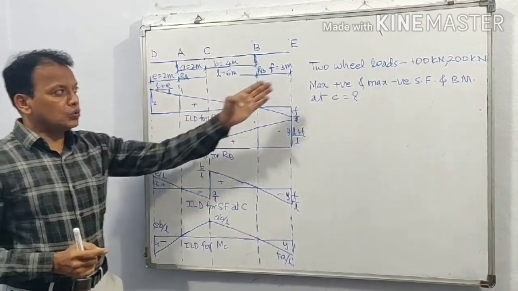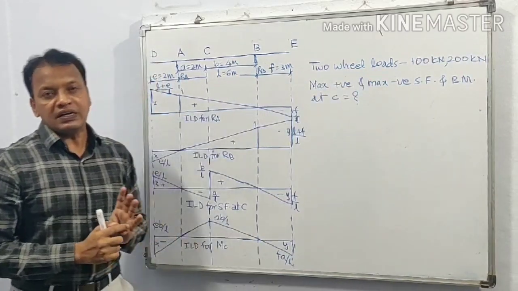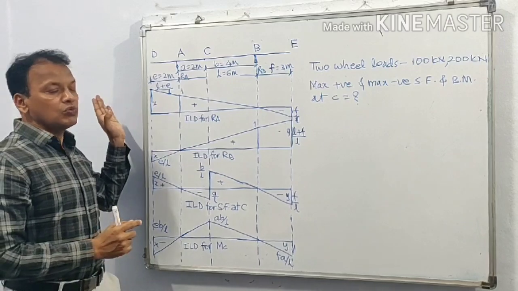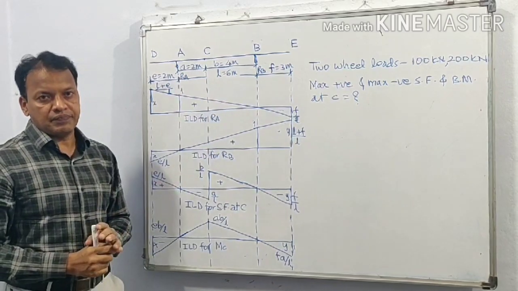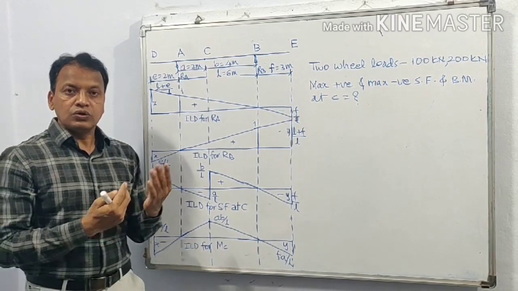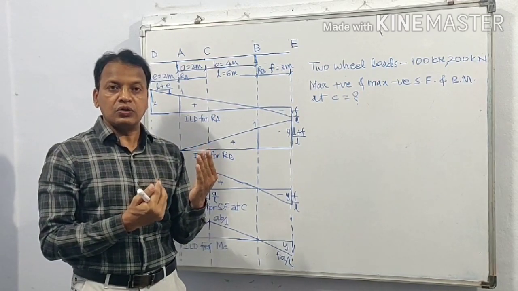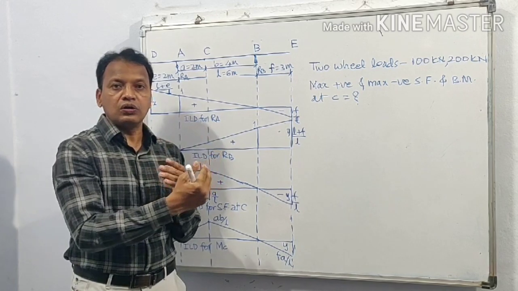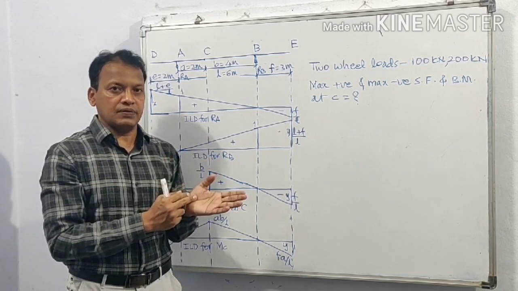On this beam, two wheel loads of 100 kN and 200 kN are moving over the entire span. Any load can lead the other, so either the 200 kN load or the 100 kN load may lead.